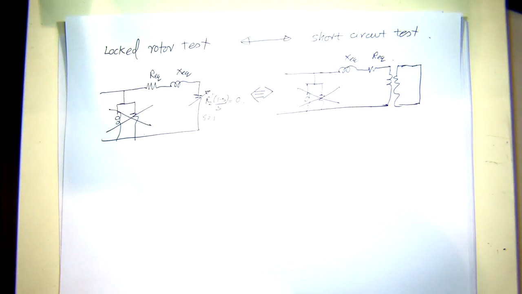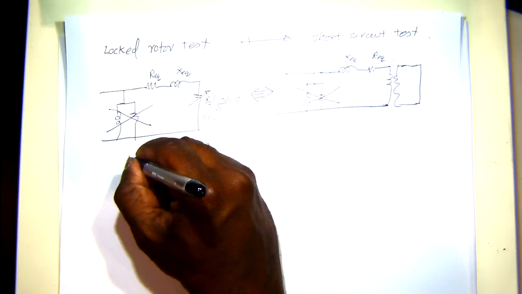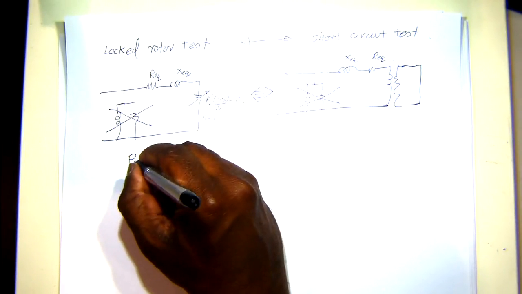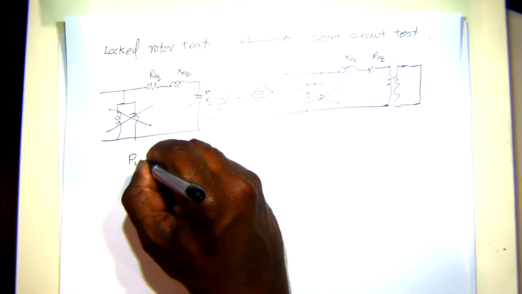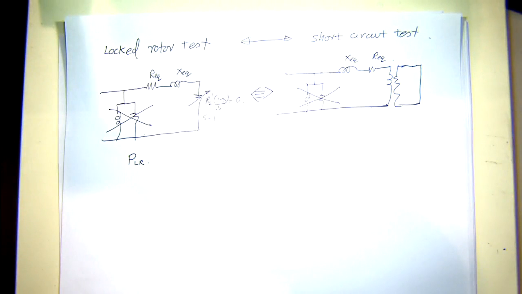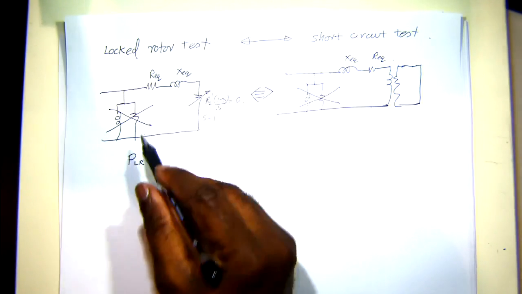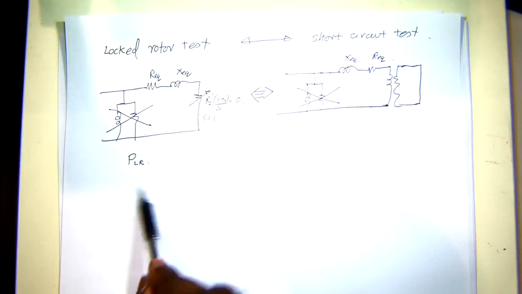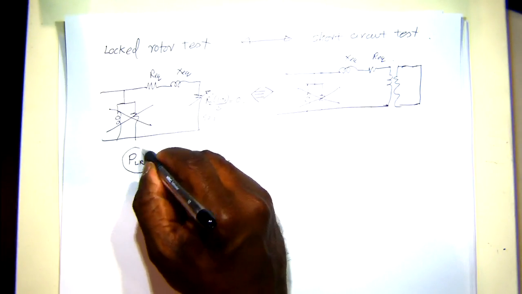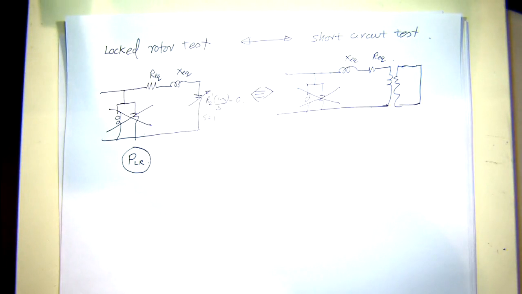One is the real power measurement. So one measurement we have is P, the locked rotor real power measurement. This is from a wattmeter which you connect in series with the circuit. You can get the real power that you put into the induction machine when the rotor is locked.